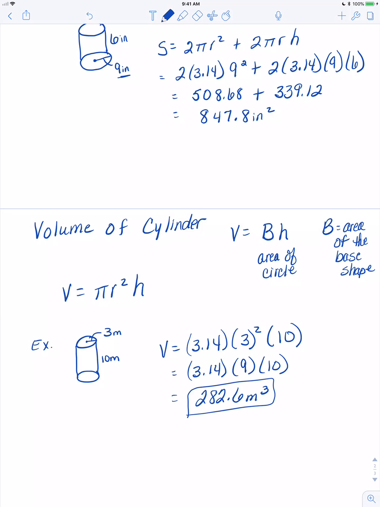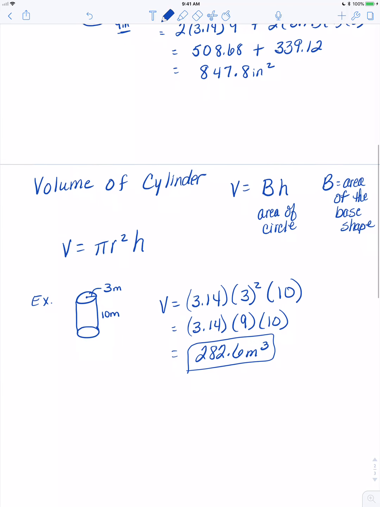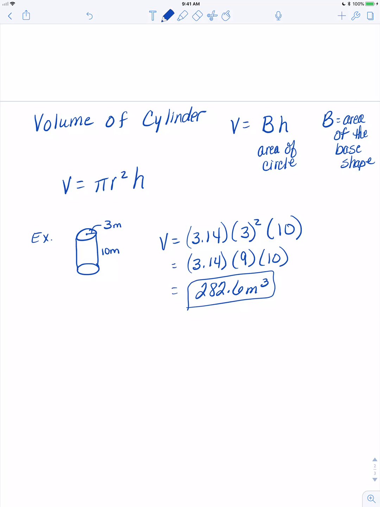Okay, so as long as you can follow those formulas, it's not too bad. It's just really slowing down and making sure you follow those formulas. Don't try to skip any steps. Pi times the radius squared times the height of the object.